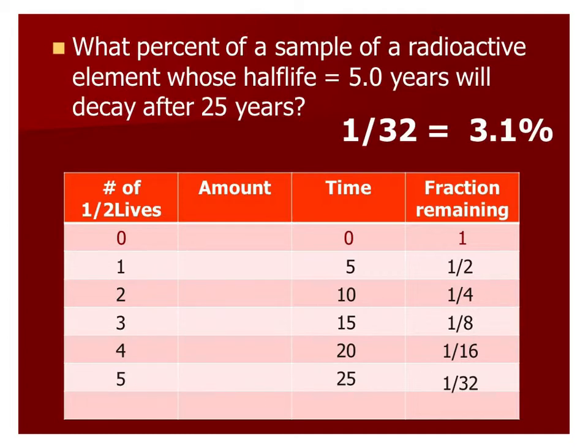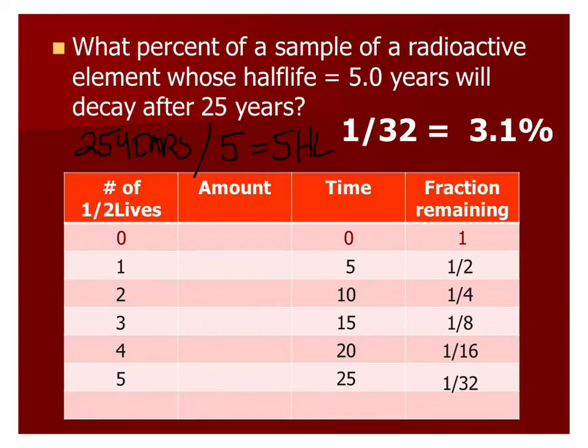We have 25 years total and a 5-year half-life, so now we can do the simple math. We have 25 years, and we're dividing that by 5, since every 5 years is a half-life. So we go through 5 half-lives.